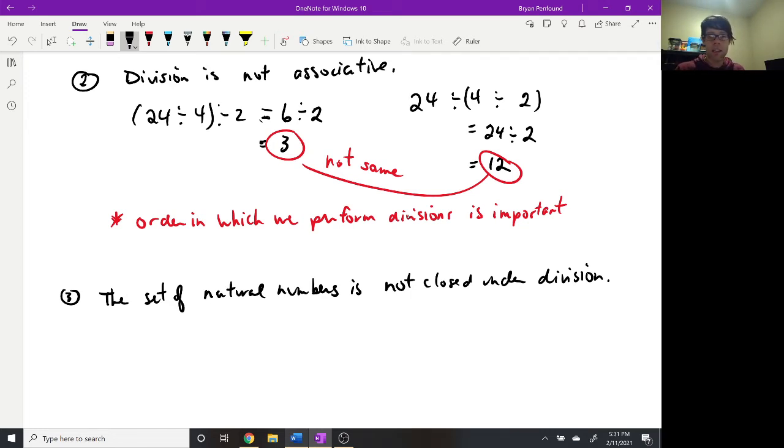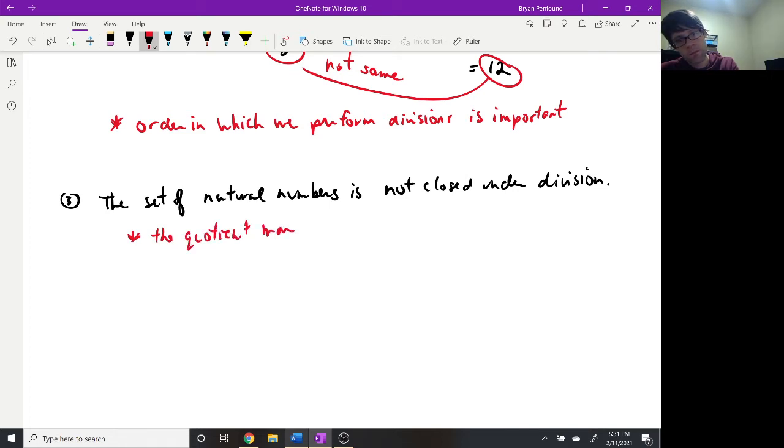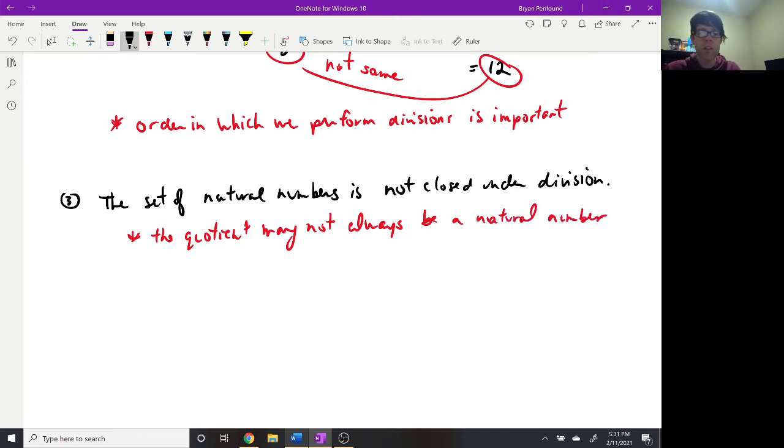In other words, the quotient that we get may not necessarily be just a whole number portion, okay?